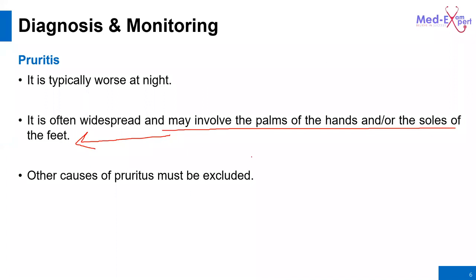So we can say that obstetric cholestasis is a diagnosis by exclusion. So first, you have to be sure that there are no other organic causes of pruritus before confirming that this is obstetric cholestasis.